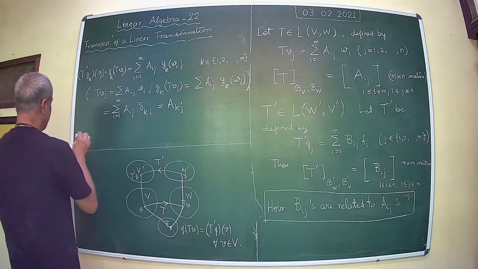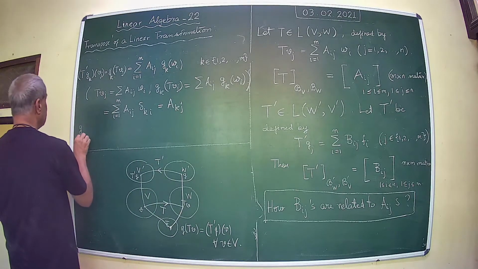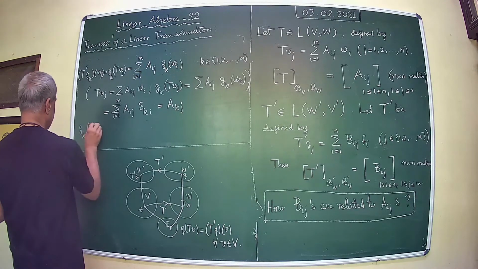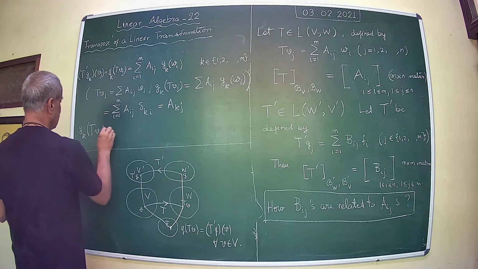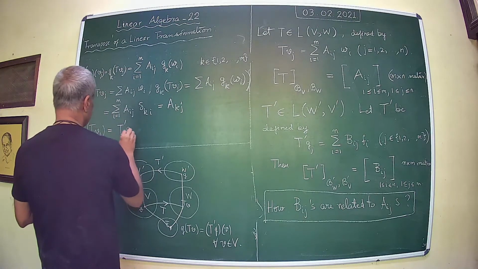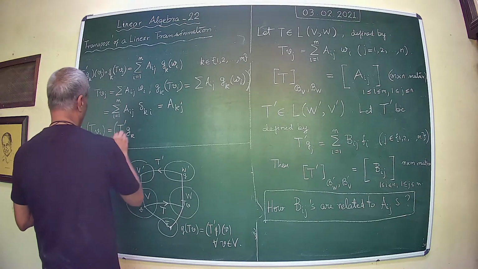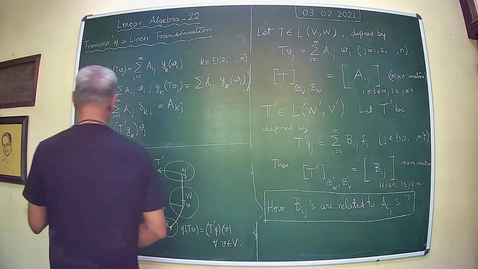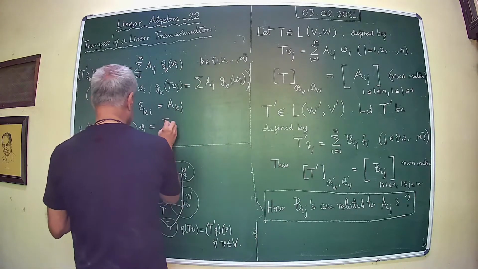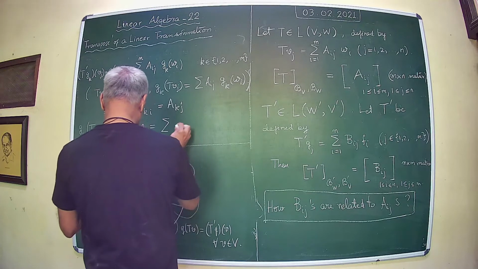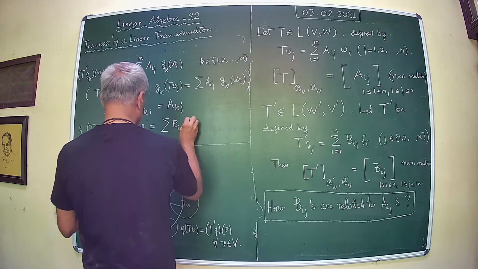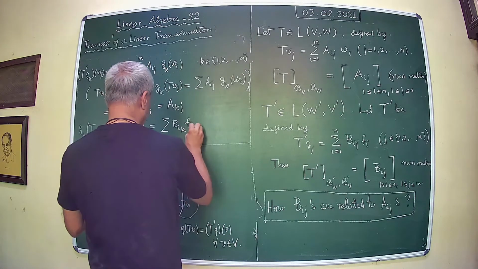Now let us calculate this. GK of TVJ is also equal to T prime GK of TVJ, which is equal to, by definition, sigma Bik Fi.